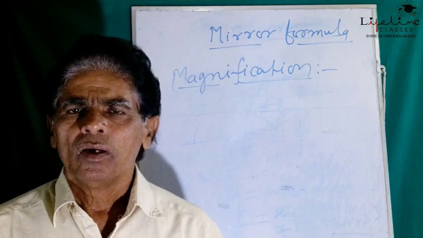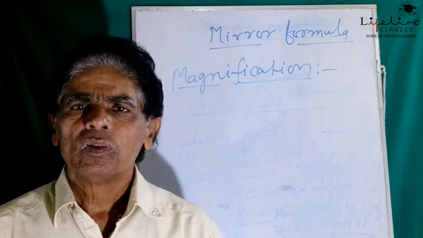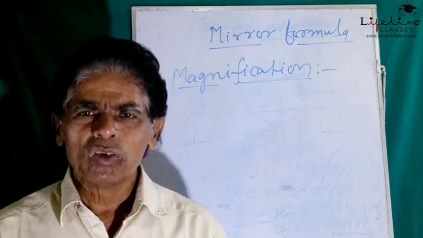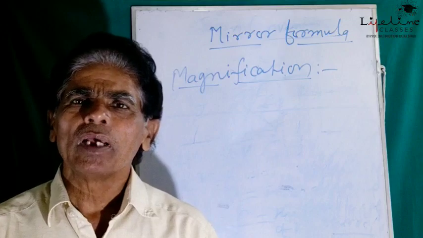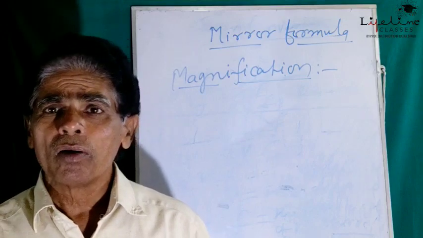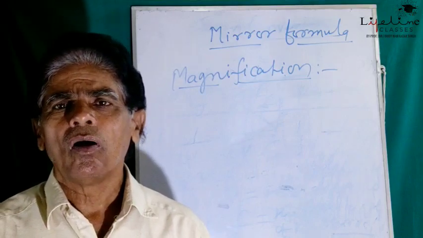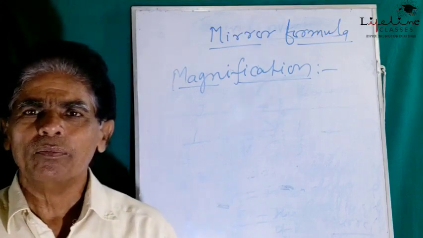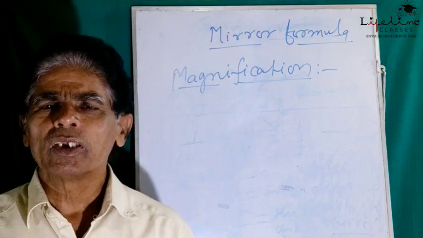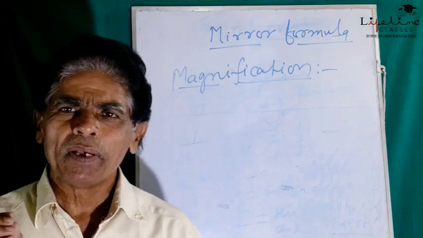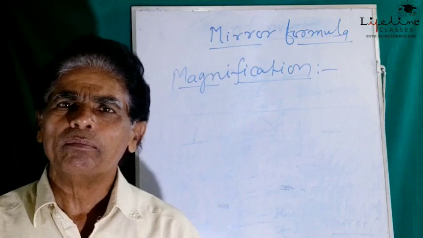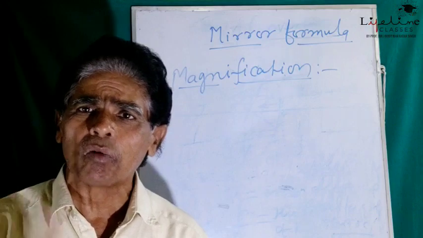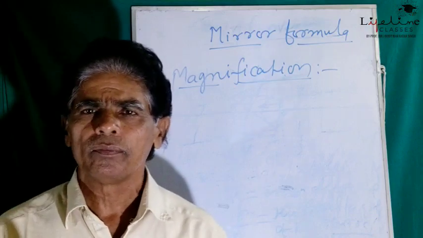Suppose that the magnification of a mirror is 1. It means what? The size of the image is equal to the size of the object. If the magnification is m, magnification is denoted by a small m. So if m is 1, it means the size of the image is equal to the size of the object.